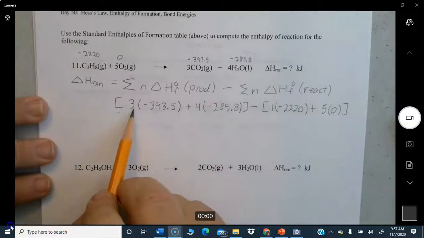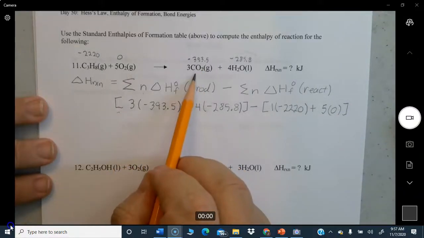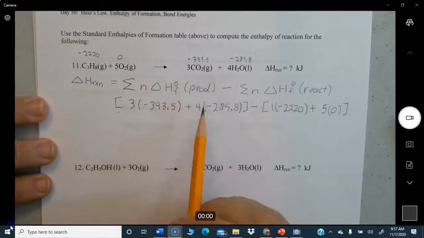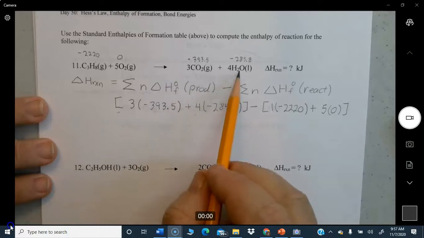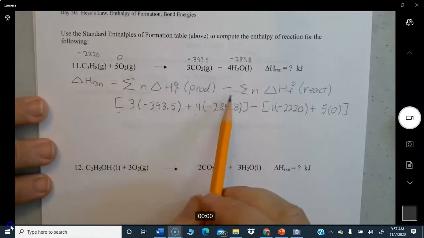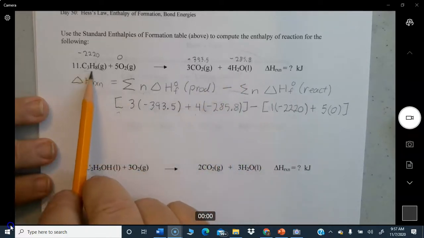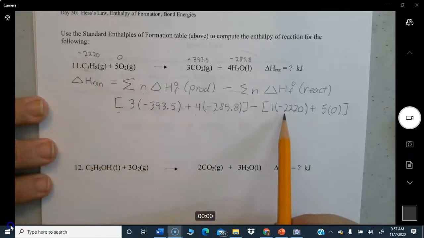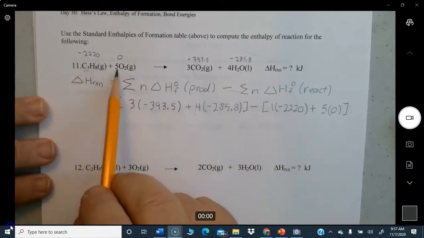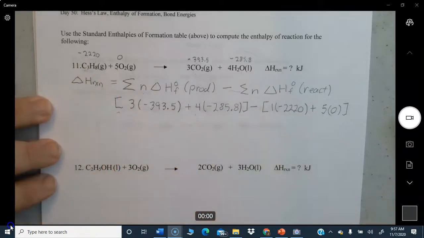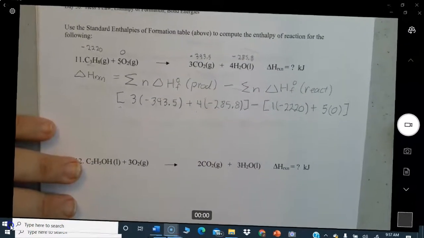So it's 3 moles of the enthalpy of formation of CO2 plus 4 moles of the enthalpy of formation of water in liquid form. And then you subtract from that the same thing on the reactants. Of propane, it's negative 2220. There's 1 mole of it. And there's 5 moles of oxygen, but it has no enthalpy of formation because it is a pure element. And at this point, it's just arithmetic.